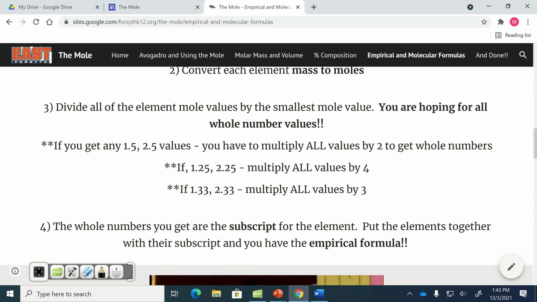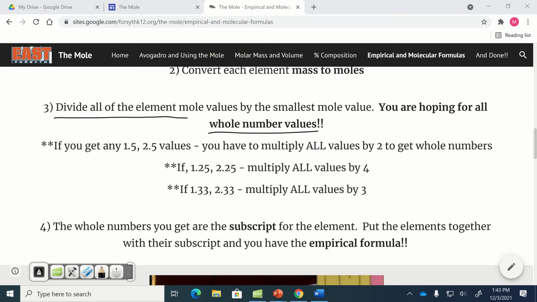After you have your list of moles of your different elements involved, you find which element has the lowest value of moles, the smallest number essentially. What you'll then do is divide that number into all of the elements, and we're hoping that everything comes out as whole number values. It usually does, and we'll do examples in a moment to see that.